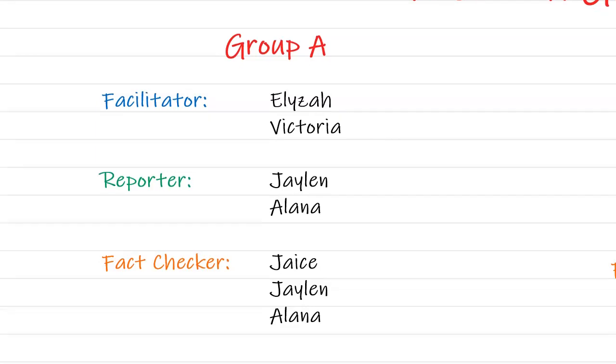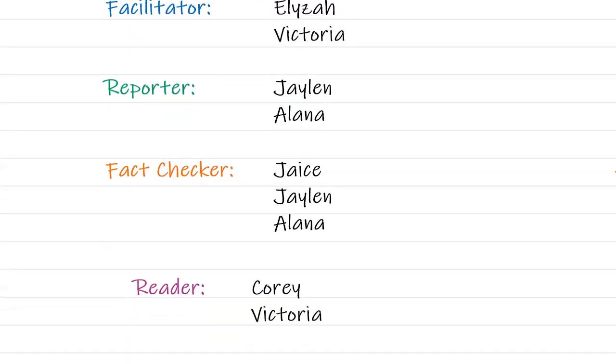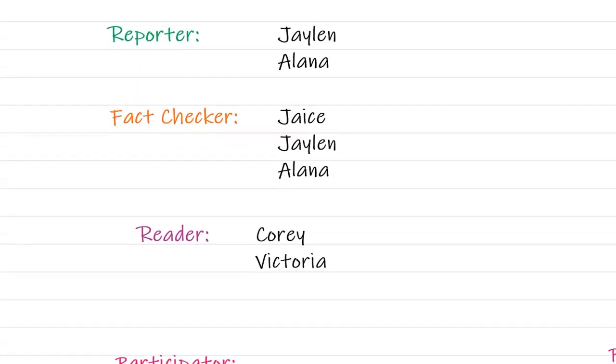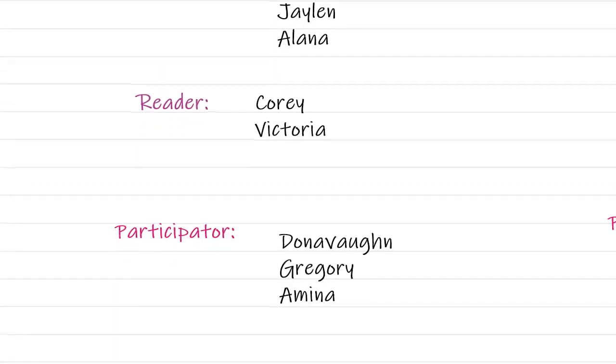And then if I scroll down a little bit, there are readers in each group, and those are obviously the strong readers in the class. And then I wanted to make sure everybody's name was on this list somewhere so everybody felt important. So there's participators, who I told their job was to make sure they were talking and participating in the group session and giving their input.